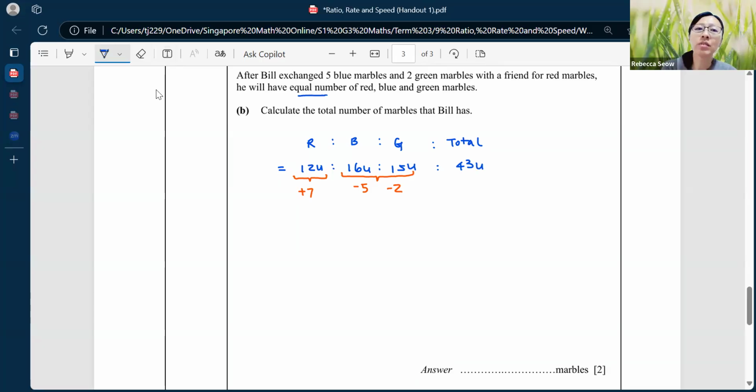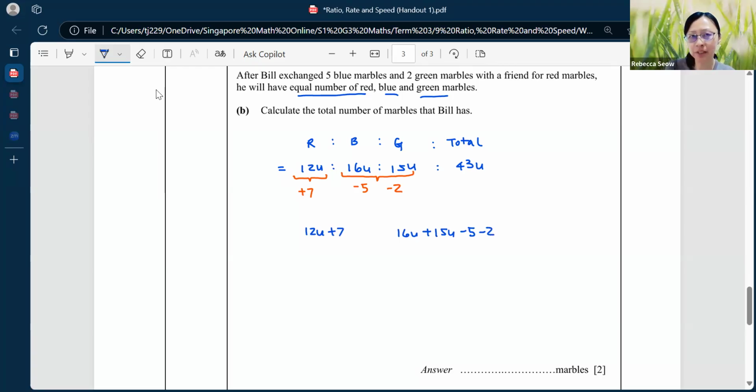He will have equal number of red, blue, and green marbles. Okay, so at the end of the day, red marbles will be 12 units plus 7. At the end of the day, blue and green marbles will be 16 units plus 15 units minus 5 minus 2.